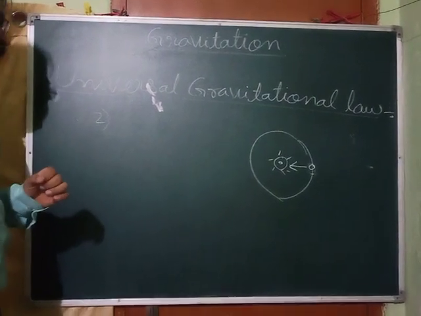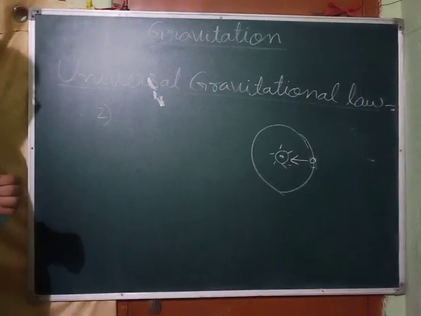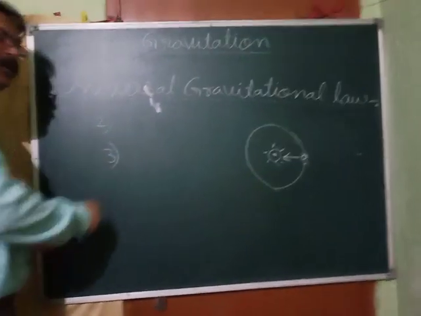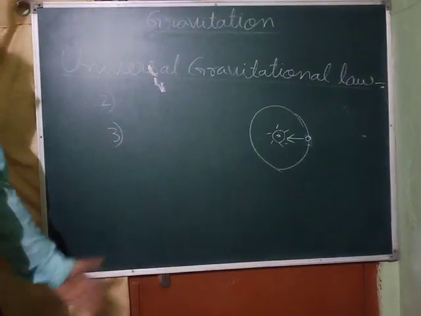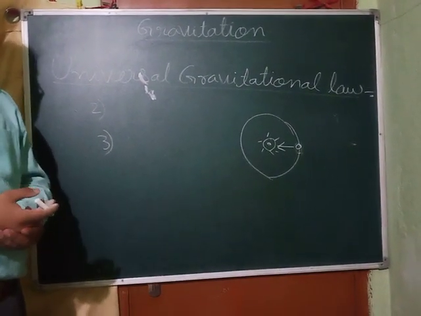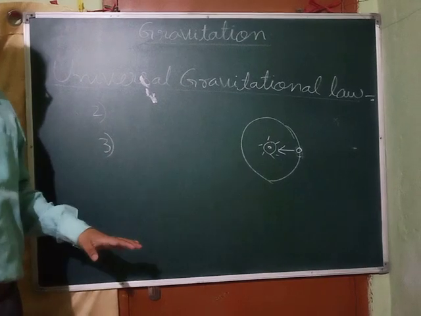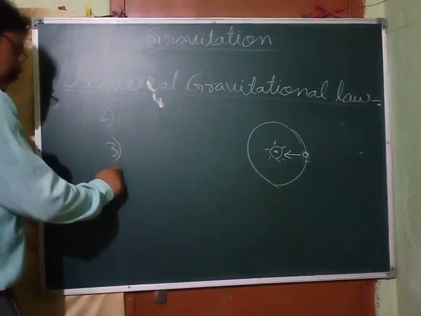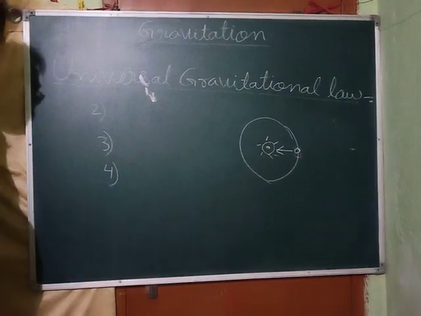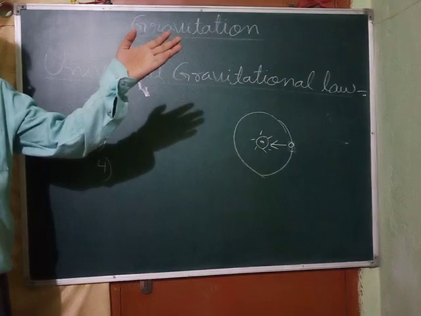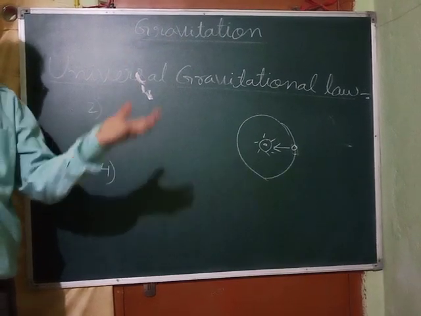Now third one, all the things are held with the earth. Why? Due to gravitation force only. So write, all the things are held with the earth due to gravitation force. Now fourth, the tides, high tides and low tides.